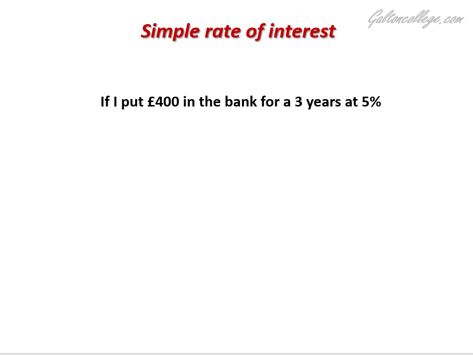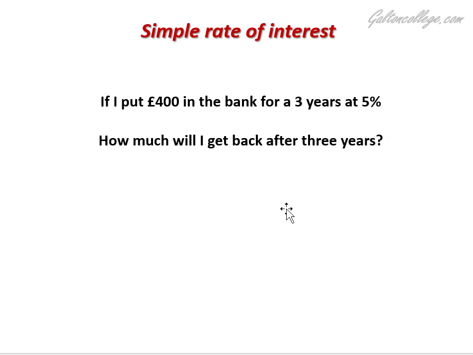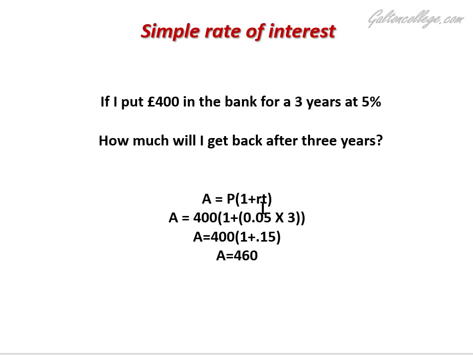Now let's say I put £400 in the bank for 3 years at 5%. How much will I get back after 3 years? Well, here's our formula. We have our principal, the amount, the rate of interest, and so on, and the time. So I'll put £400 in. That's my principal. I get 5%.